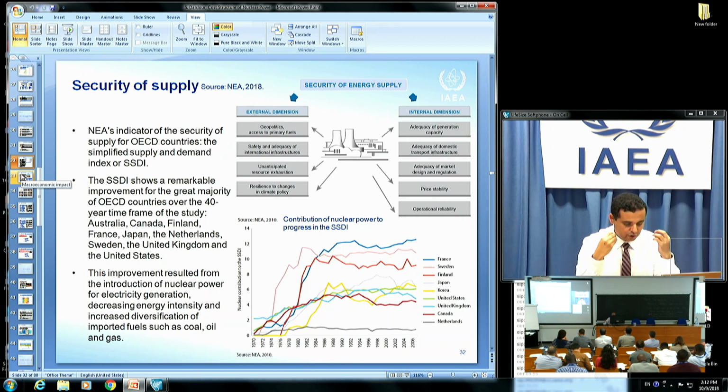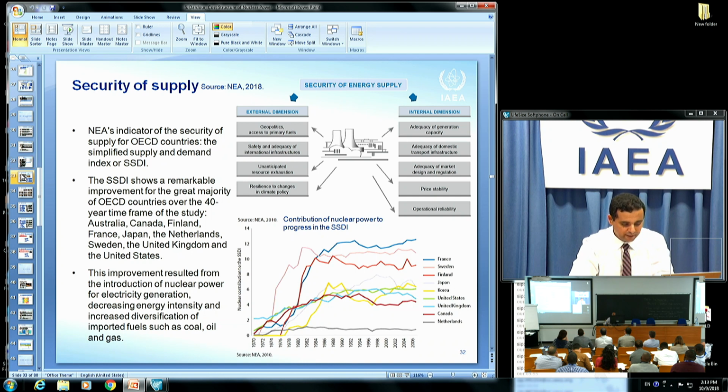What this study shows is that thanks to the introduction of nuclear, the security of supply, which was measured by an index called the SSDI, has been improving more in countries that relied on nuclear power than in other countries.